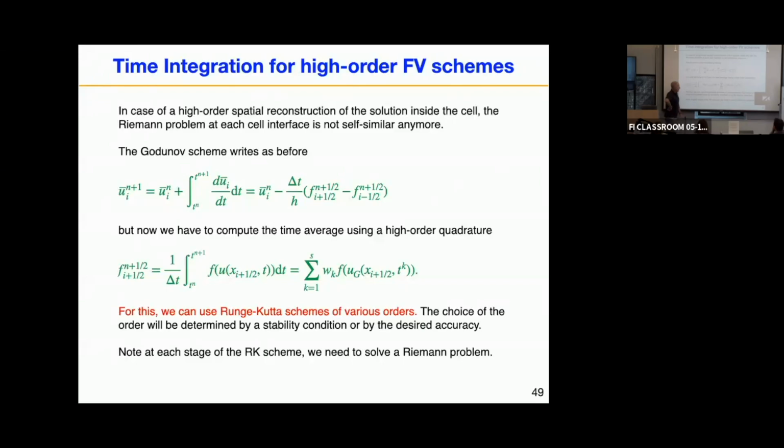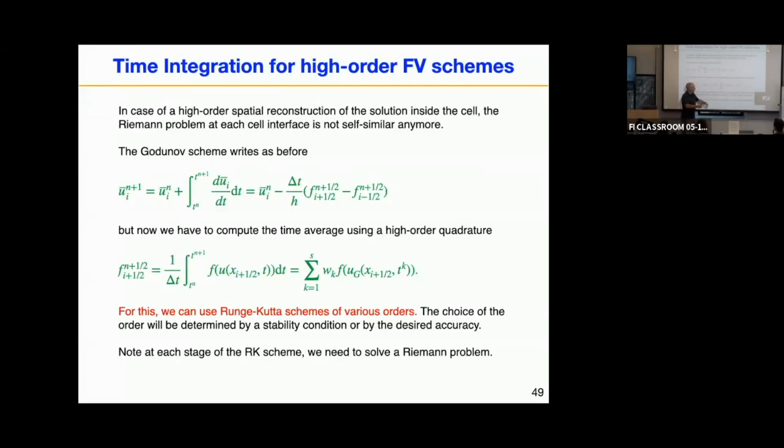The key point is you have to compute the solution U at different times. This is kind of a predictor-corrector approach. You start at time n. You take one first step to find your solution. Then you do it again, and each time you get a new quadrature point.